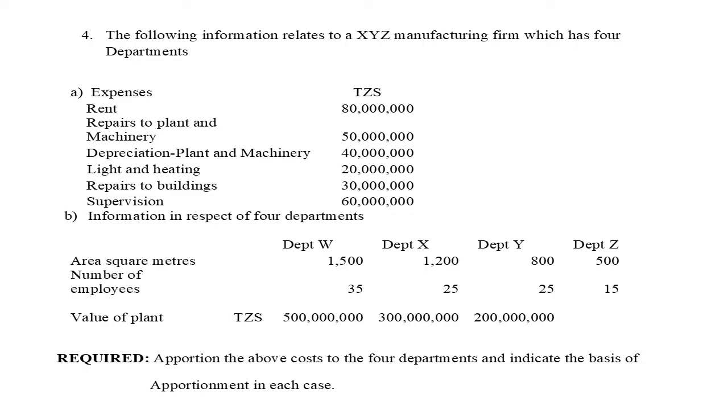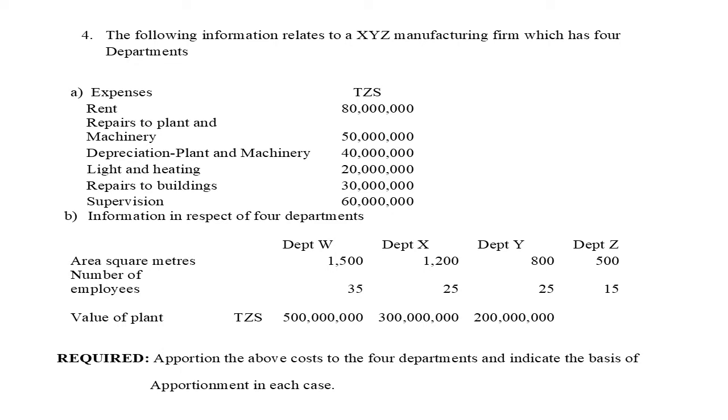Department W has 1,500 square meters, Department X 1,200 square meters, Department Y 800, and Department Z 500. We also have information on the number of employees: Department W 35, X 25, Y 25, and Z 15. And we also have the value of plant.